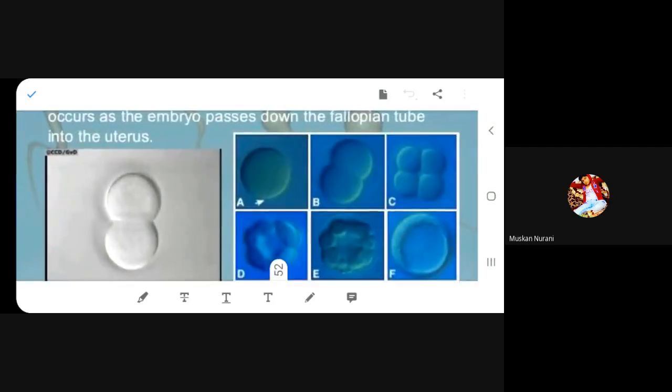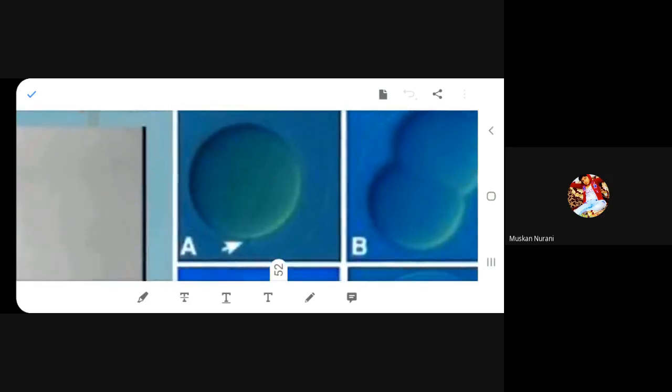Both the nuclei are fusing. Now look over here, it is fused. You see this one complete. It has got 2n chromosomes from both the parents.